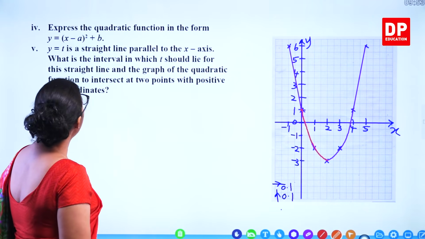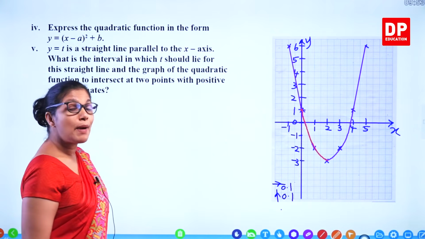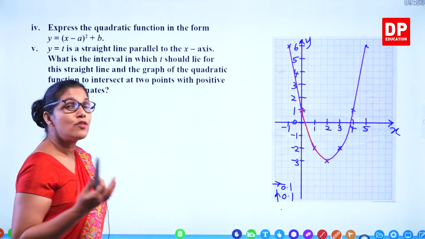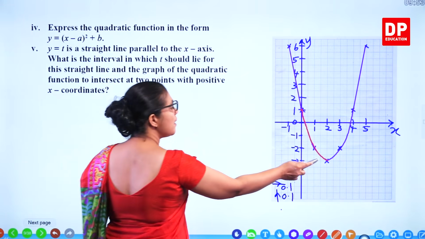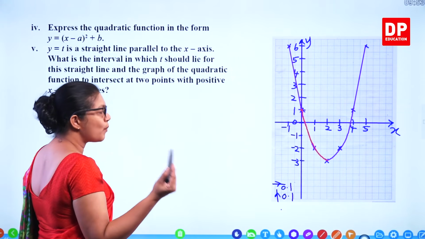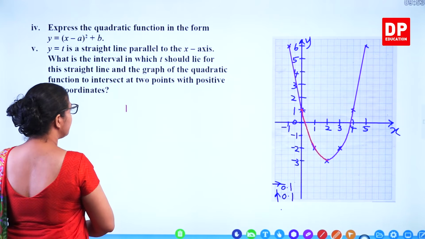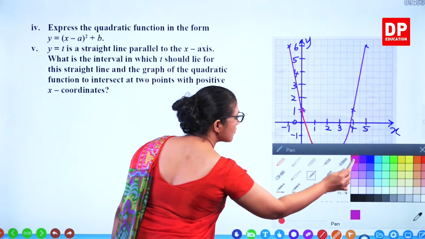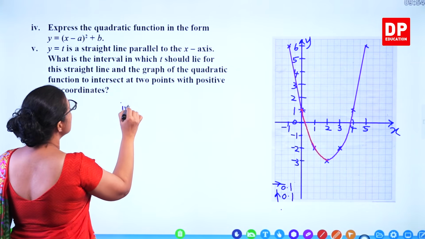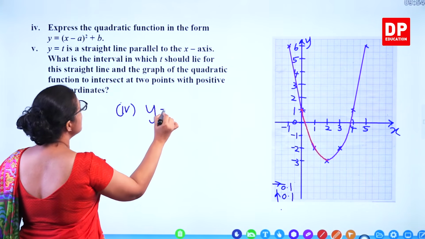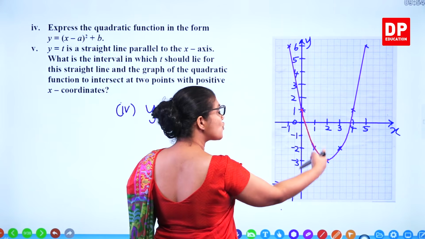Now look at the 4th part. Express the quadratic function in the form y equals x minus a whole thing squared plus b. So completing square method. If you know the turning point, how can you write down the equation? It's easy. So y equals, what's the turning point x value? That's plus 2.